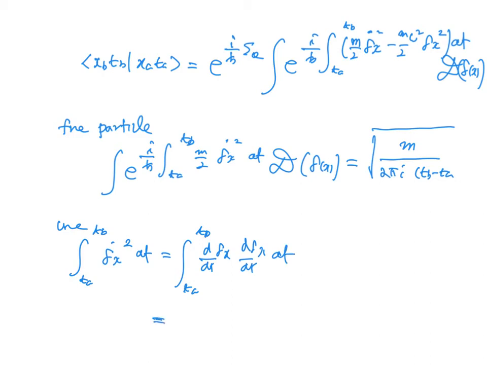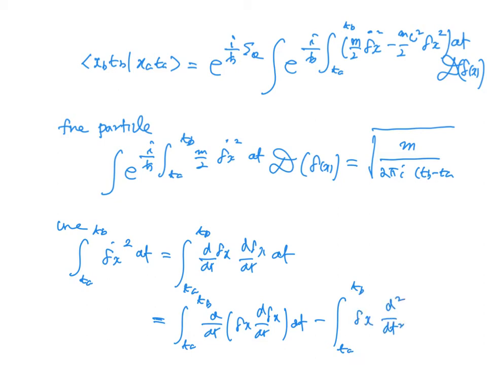We can use integration by parts, and we get minus delta x times d square delta x dt square.